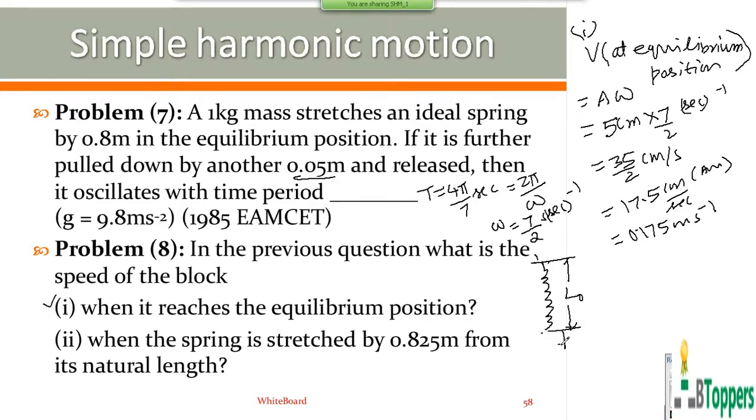The stretch of the spring in the equilibrium position is denoted by X subscript E, which is equal to 0.8 meters. But to find the speed of the block at the instant the spring is stretched by 0.825 meters from the natural length.